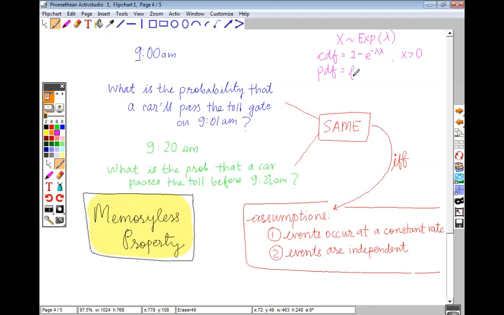It will be lambda into e raised to minus lambda x, where my x is greater than 0. And if you integrate this PDF, my CDF is the integration of my PDF with respect to x for all the values up until x.